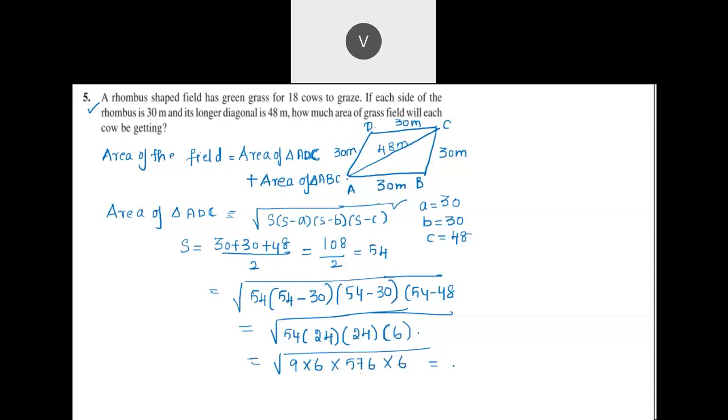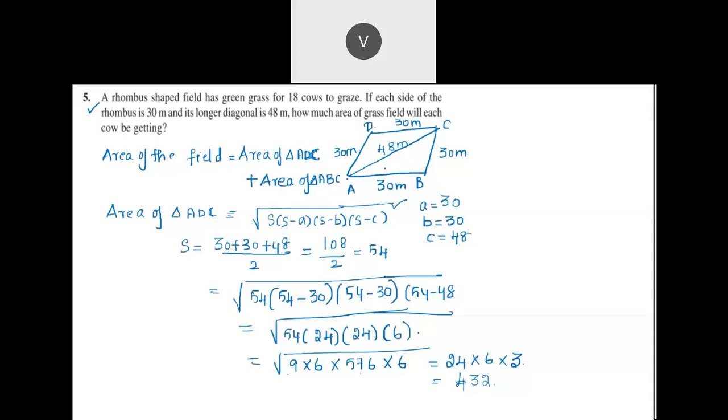What is the square root of 576? Which is 24. And 6 into 6 is 36, square root of 36 is 6. And square root of 9 is 3. Okay, and multiply these three, 24 into 6 into 3, which is 432. This is the area of triangle ADC.